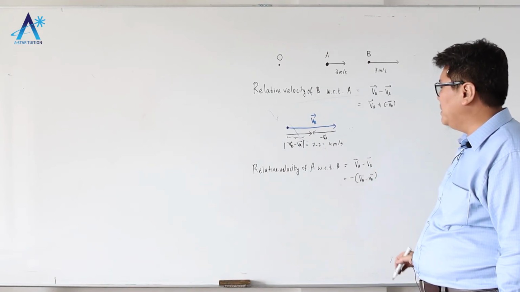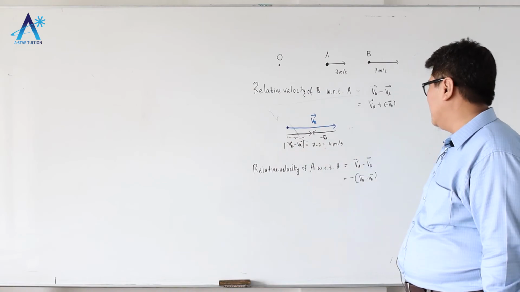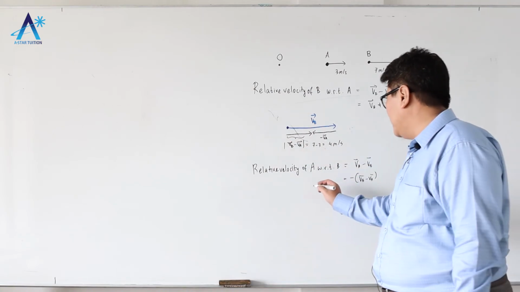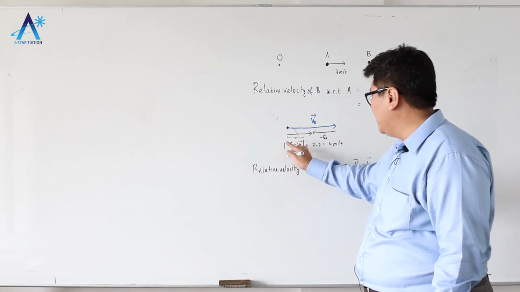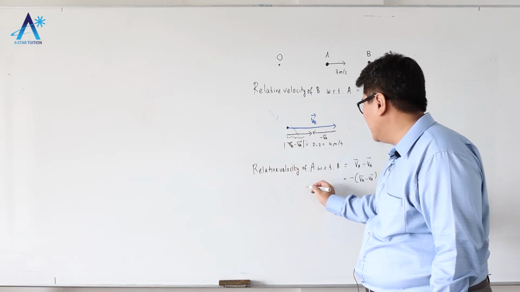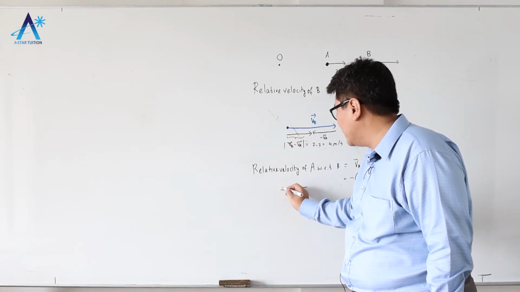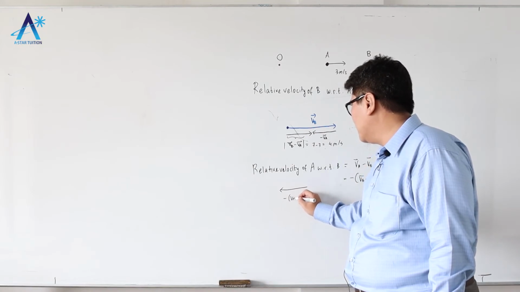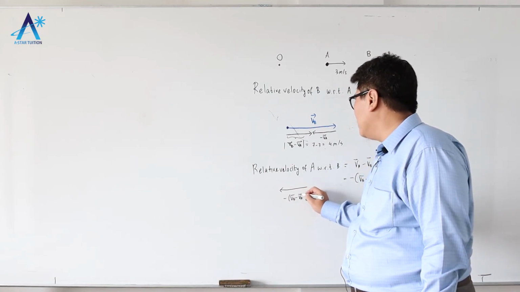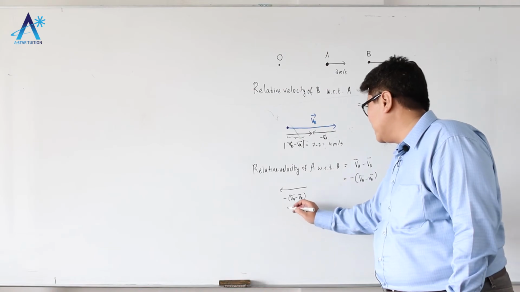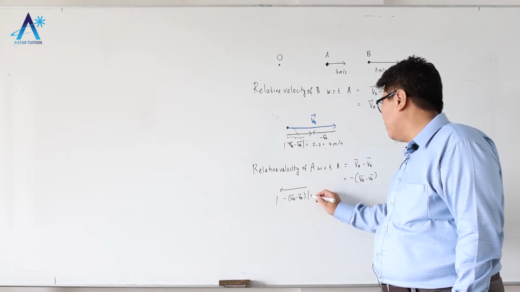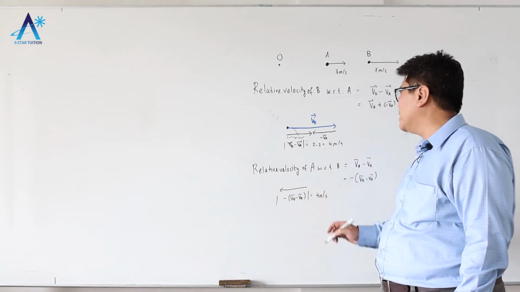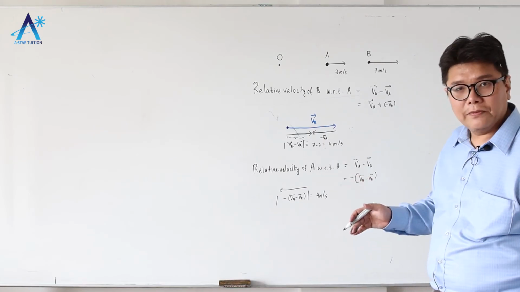We already know VB minus VA is this vector, so minus of that means you just draw the VB minus VA vector in the opposite direction. The magnitude is still the same, 4 meters per second, but this time it's moving to the left.